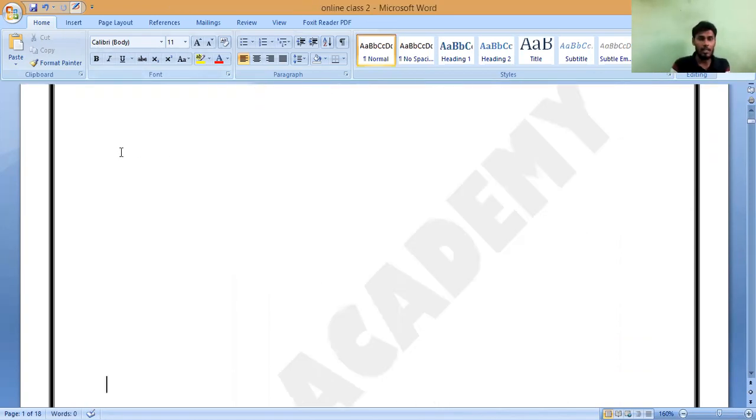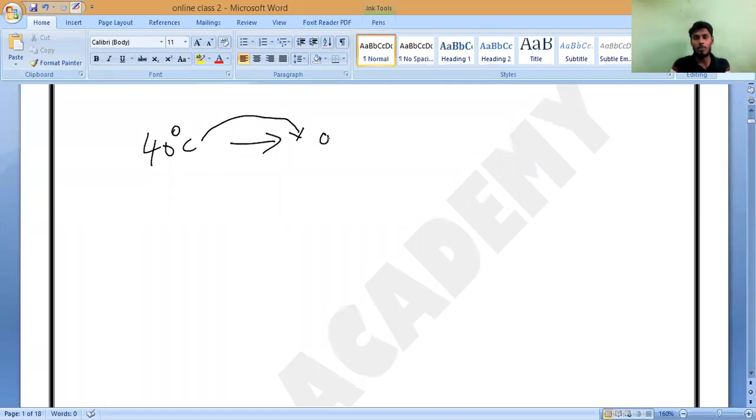Suppose I'm having some X heat energy. Suppose my body temperature is 40 degrees Celsius. Now, if Mari comes and touches me, or holds me, then my body temperature a little bit will be absorbed by Mari.